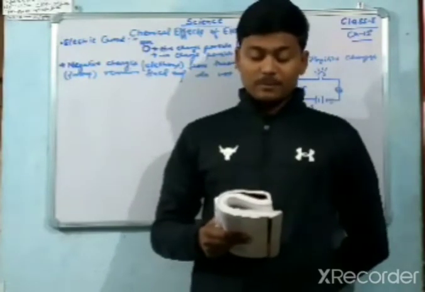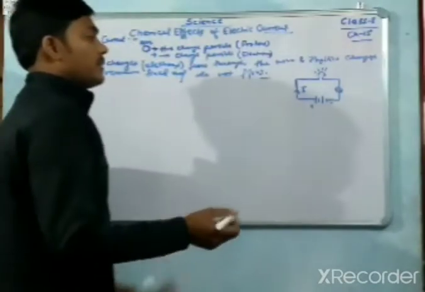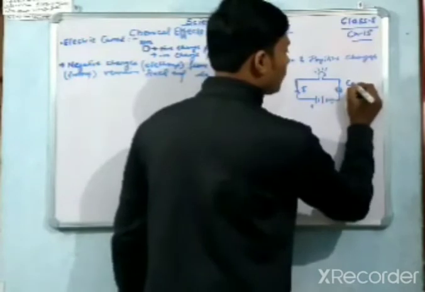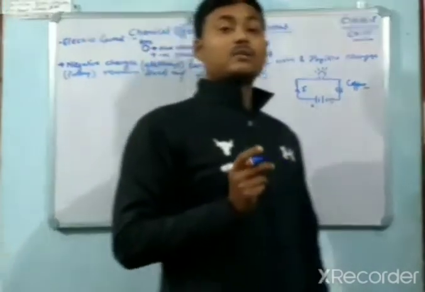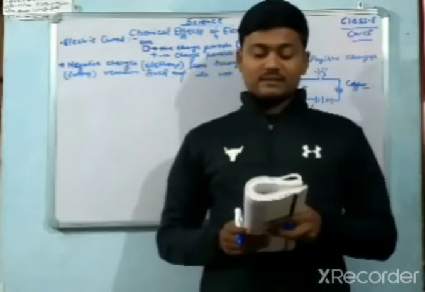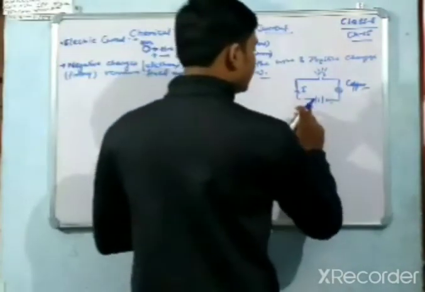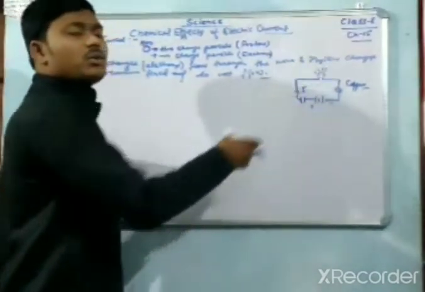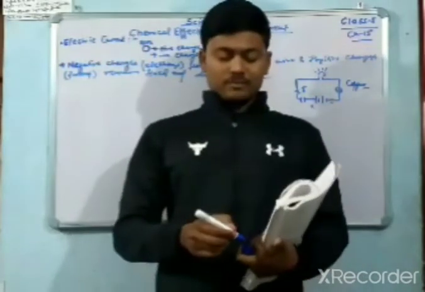For this, copper wire is generally used. It is a good conductor, so for domestic circuits also we use copper wire, because copper is a better conductor than aluminum or iron. A switch is inserted in the circuit to make or break the circuit as required. These are the pictorial representations of symbols of some electric components.